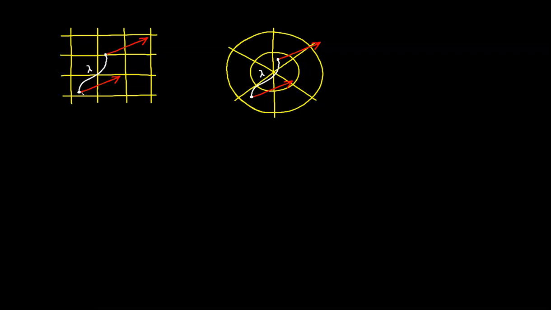When we say that we're dragging this vector along a path, what we're really saying is we're defining a vector field. There's a vector associated with every point along our curve at a position lambda. And our condition for this vector field is that all of the vectors are going to be parallel to each other all along the curve.